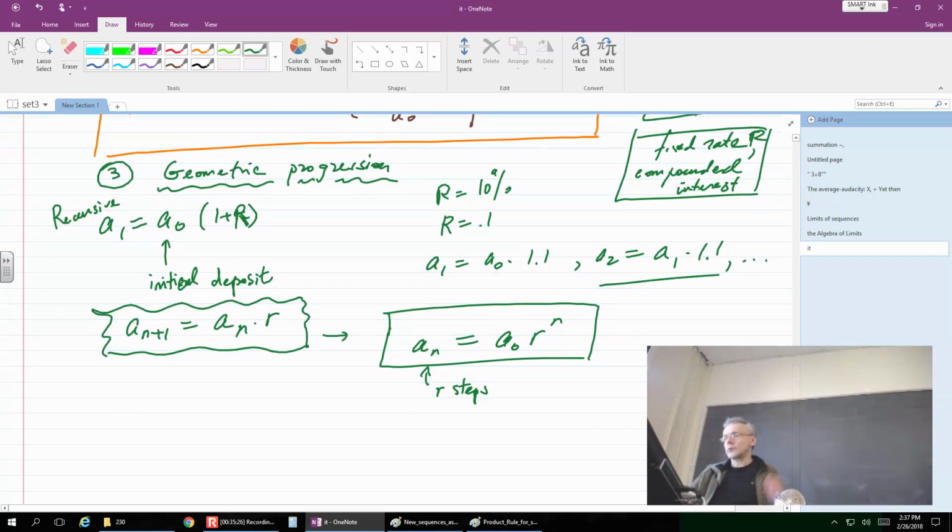So once again, you can think about compound interest, and this, also known as geometric progression, is exponential growth, which refers to a bank account or population growth, but it only assumes that your rate is positive.